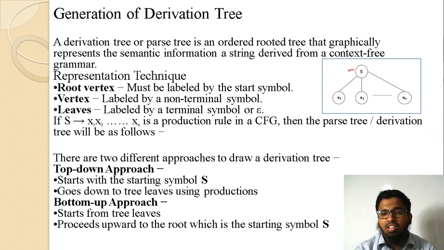So here the S is there, x1, x2, x3, x4 and so on. So how is the representation? Root vertex must be labeled by the start symbol. Vertices are labeled by a non-terminal symbol. Leaf node is labeled by a terminal symbol or epsilon.